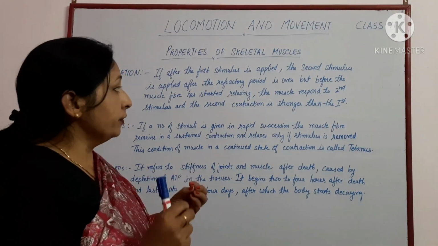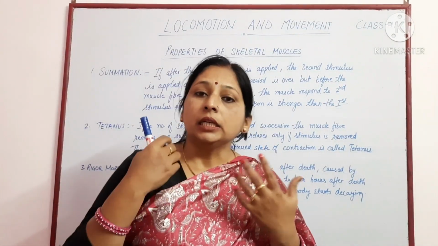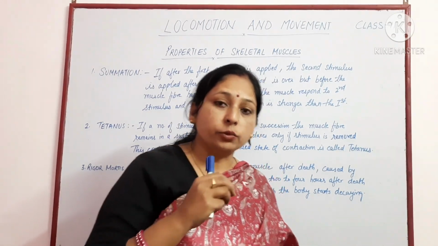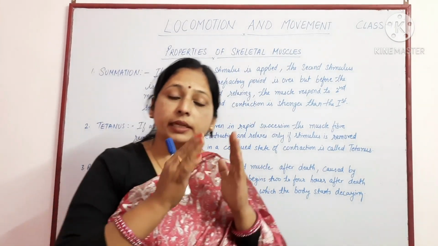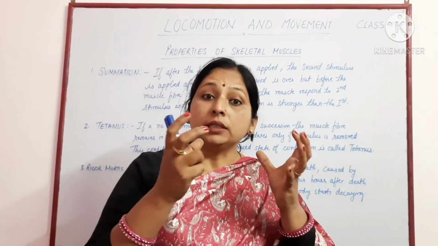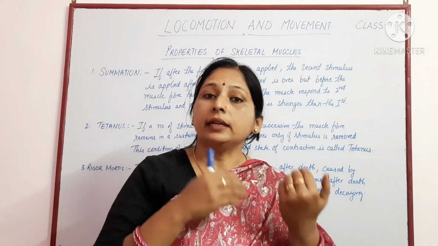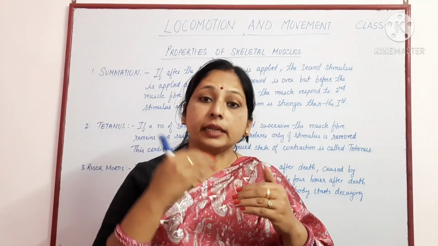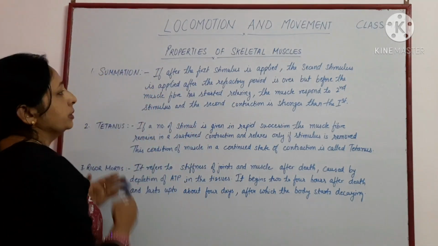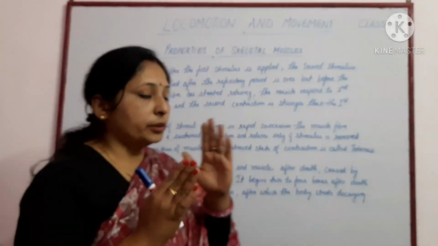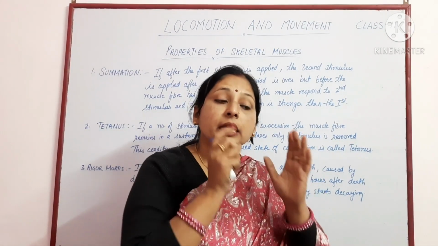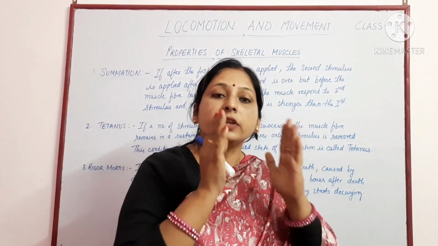Summation: you know that muscular contraction results due to the stimulus provided to it, and after the stimulus there is a relaxation phase. After the stimulus is given, the muscular contraction takes place, then there is a relaxation stage, and then a second stimulus. If the first stimulus is applied and the second stimulus is given just after that, the relaxation time is very less.